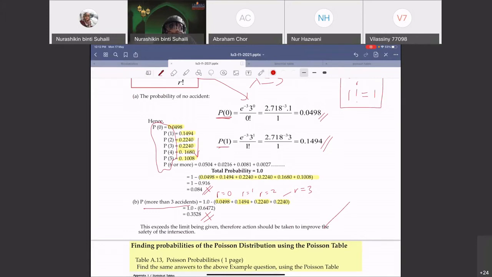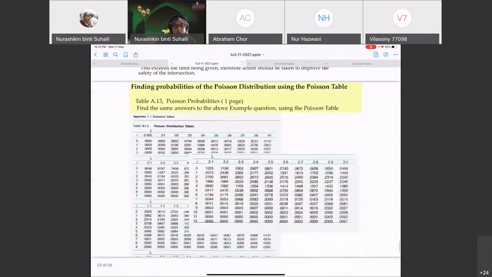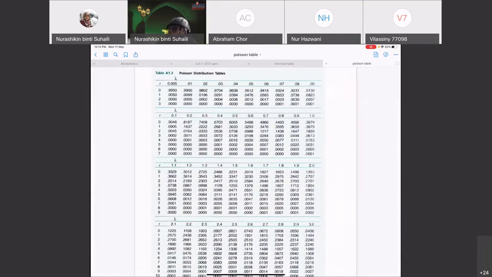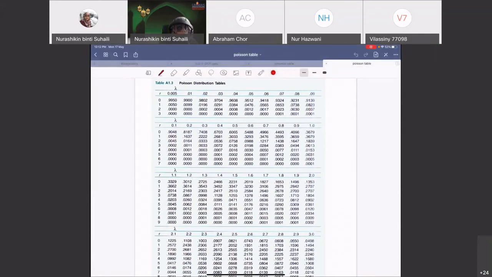So how do you use the table? Another way you can solve the Poisson probability is by using the Poisson table. Let me show you the full version of the table. This is the Poisson distribution table. What is given to you is r. You have to know the r value, and also the lambda. This is the lambda.